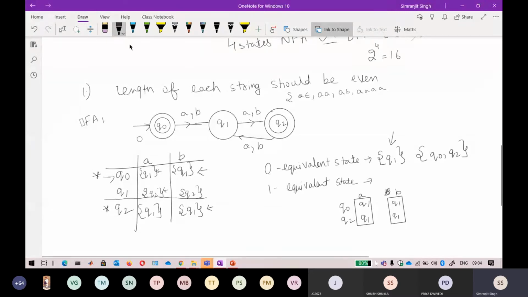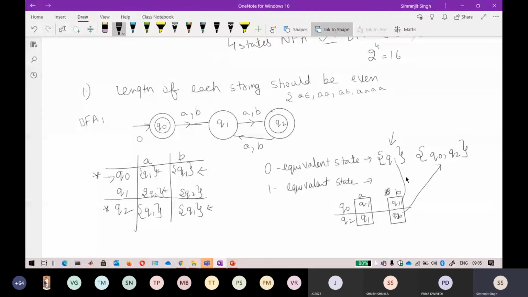If I just want to clarify what I mean by that, suppose that on Q2, the transition on B goes to Q2, and the transition of Q naught is to Q1. Then if you look at the sets, Q1 is going to this set and Q2 is going to that set.